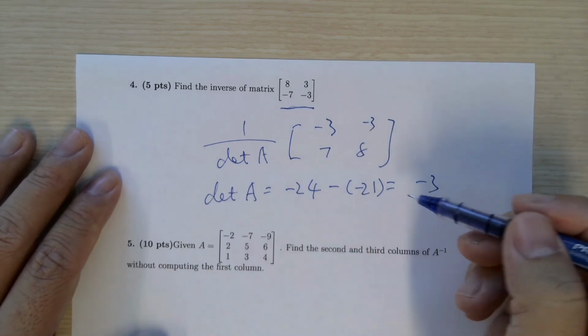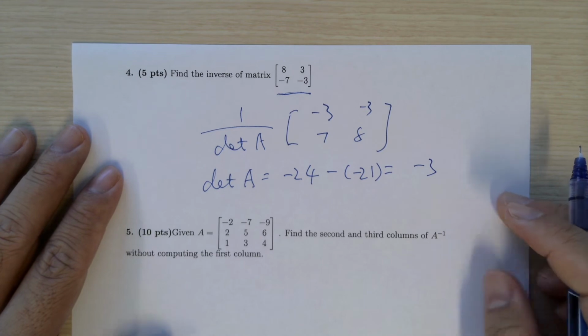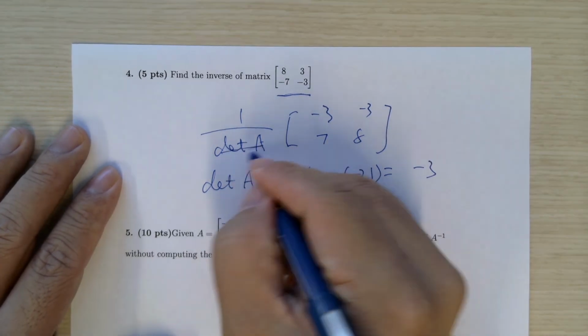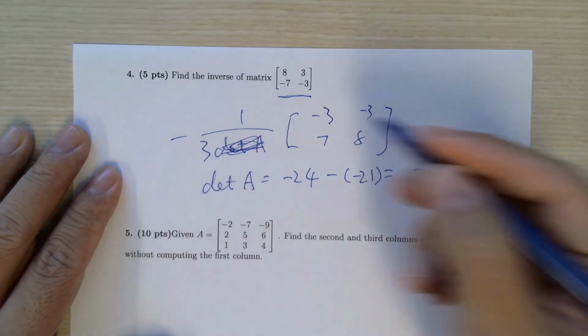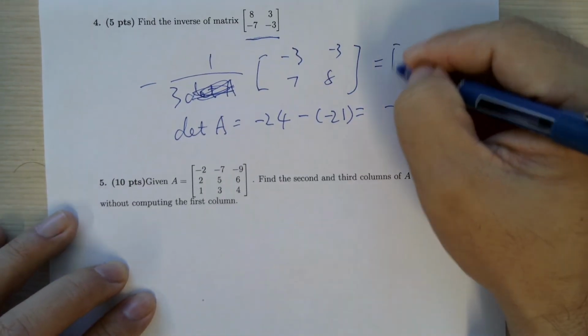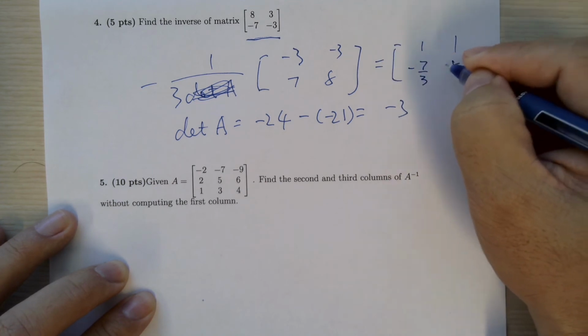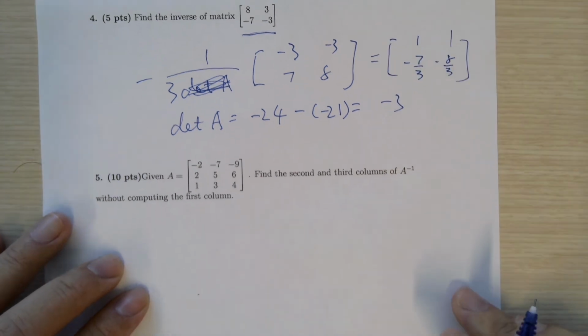So you just replace this, and then we should be good to go. Okay, so it's -1 over 3 times all this. Okay, so you can do it: 1, 1, -7 over 3, -8 over 3. Okay, that's it.